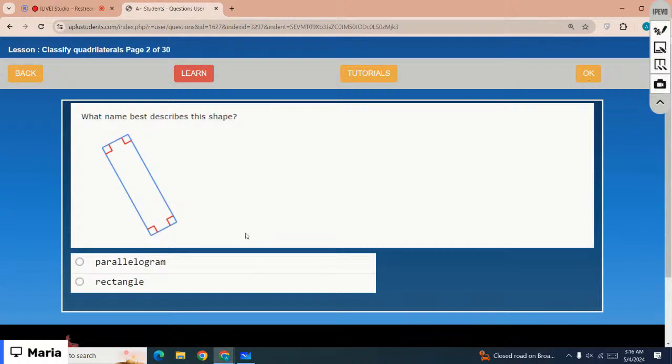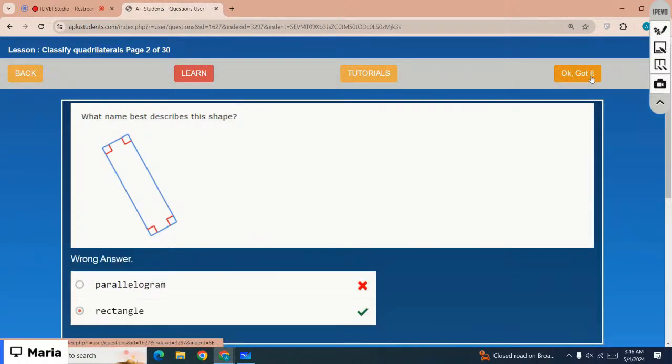Because opposite pairs of lines are parallel, so that is a parallelogram. Rectangle. Why?